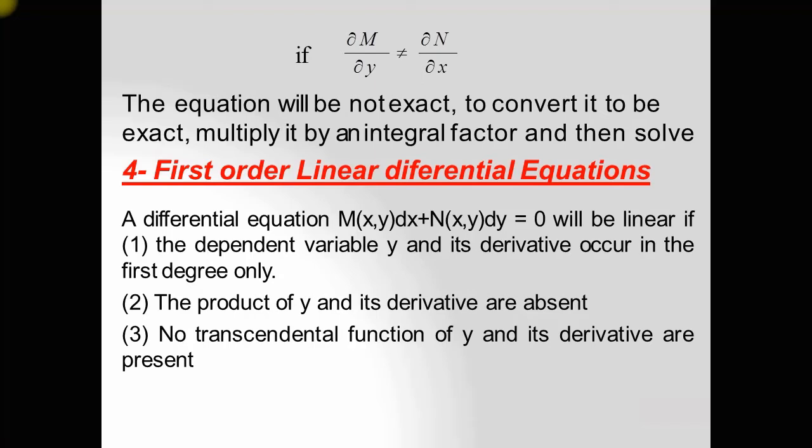Now this is the 4th class of first order differential equations, which is called first order linear differential equations. A differential equation M dx plus N dy equal to 0 will be linear if these 3 conditions hold. Number 1, the dependent variable y and its derivative occur in the first degree only. Number 2, the product of y and its derivative is absent.